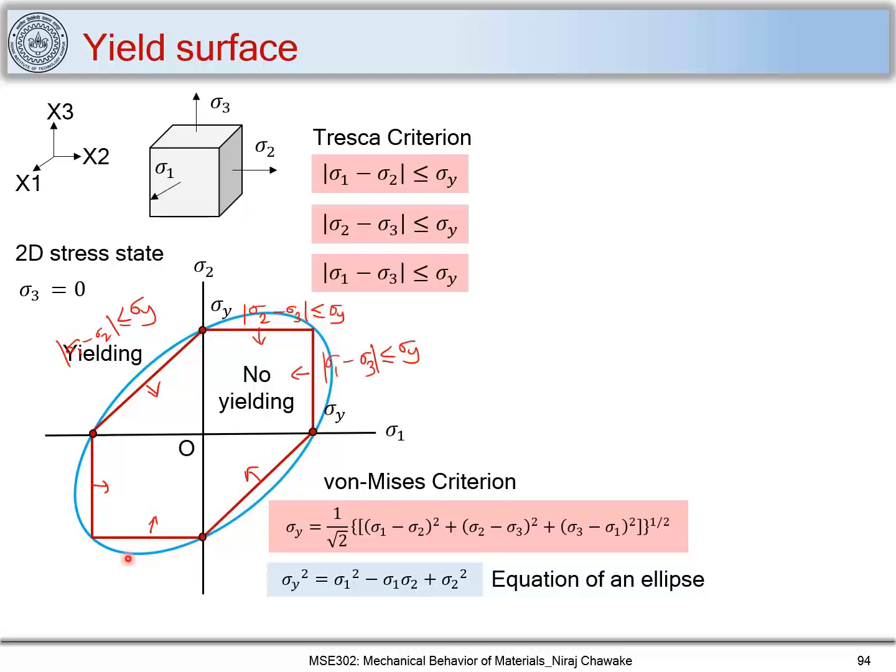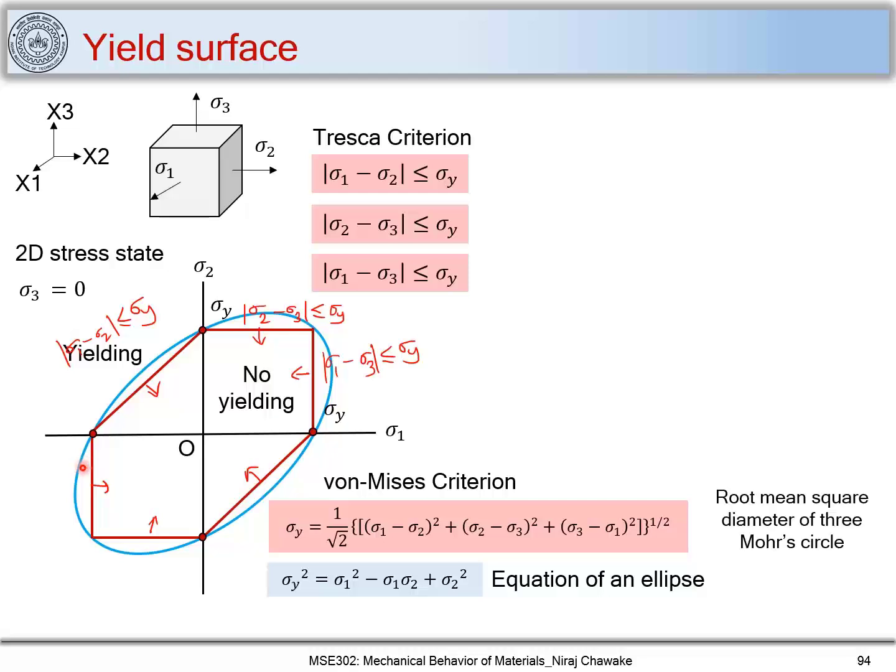If the stress state is confined by this ellipse, you will not have any yielding. If the stress state is falling outside of this surface, there will be yielding of material, or the material will deform plastically. So these are two yield surfaces defined by Tresca criteria and von Mises criteria. This we have seen for a 2D stress state.